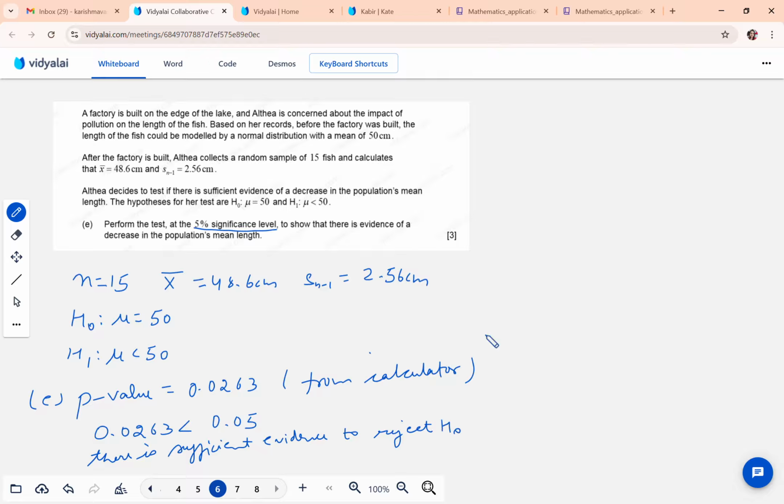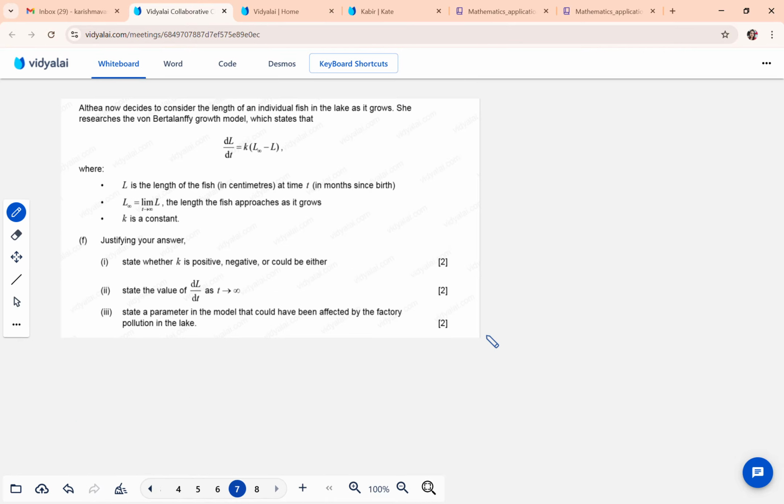Okay, because it's lesser, so here there is sufficient evidence to reject H naught. That's what they ask us, to show that there is evidence of a decrease in the population's mean length. So if we are rejecting H naught, it means we are accepting the alternate hypothesis that mu is less than 50, so it's decreasing. Fine. Okay, now let's move on to the next one.